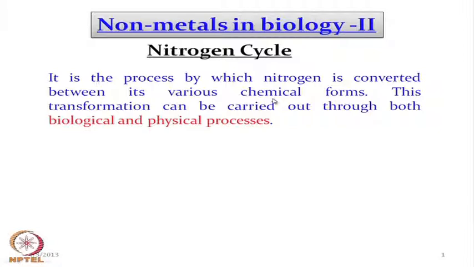Compounds having atoms like carbon, hydrogen and nitrogen are very important, and these transformations can be carried out through biological processes, other physical processes or chemical transformations.